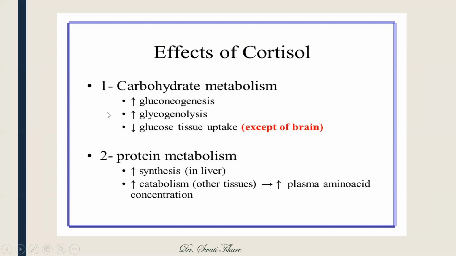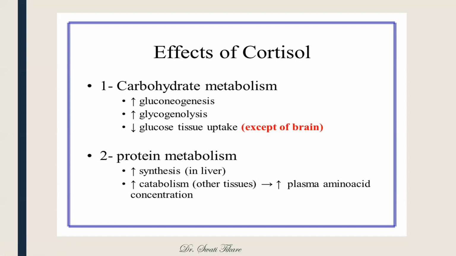The second way it increases glucose is by breaking down the glycogen. Glycogenolysis happens and that also releases glucose. The third thing is it decreases the glucose tissue uptake. Basically this is the anti-insulin action. What does insulin do? Insulin's job is to allow glucose to enter into the cells and make it available inside the cells for metabolism.